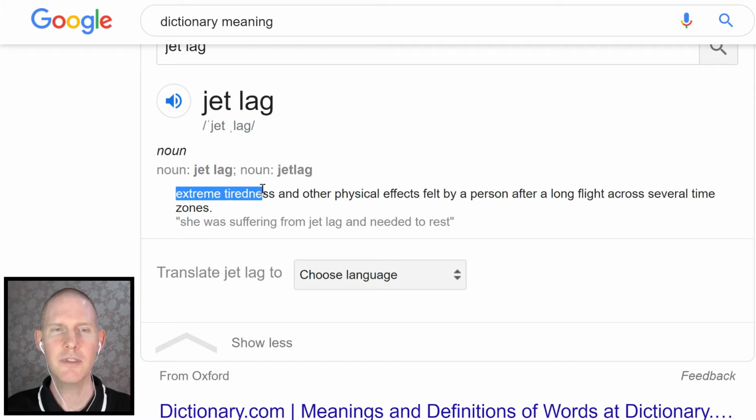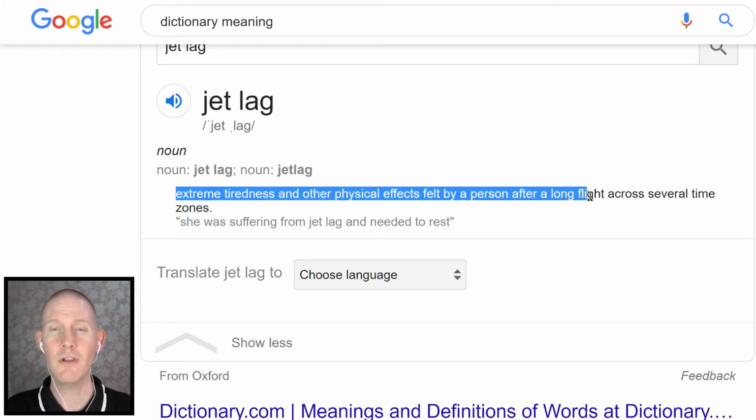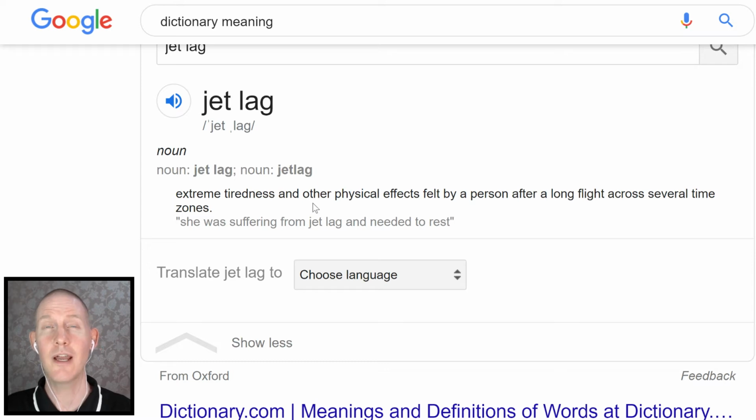It's extreme tiredness and other physical effects felt by a person after a long flight across several time zones. Okay, so if you cross over several time zones, that's when we're talking about the GMT plus 3, plus 4, plus 5, or minus 5, minus 6, or the UTC plus 7, whatever. And you travel so far that you're usually awake when they're sleeping, or you're usually sleeping when they're awake. Your body has to adjust. So that's called jet lag.